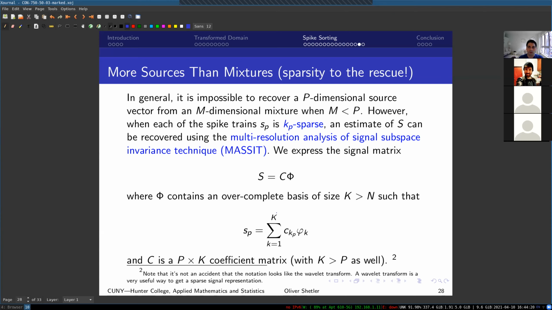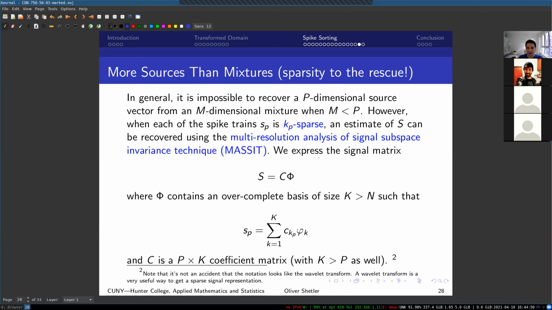And so there's a technique for looking at the signal subspace and trying to reconstruct it when we have the sparsity condition. It's called multi-resolution analysis of signal subspace invariance. And we express the signal matrix here as S equals C, which is a big matrix of coefficients, times phi.